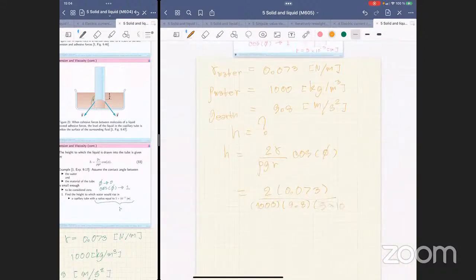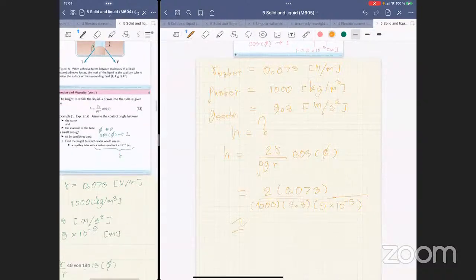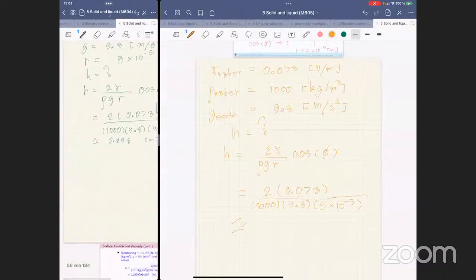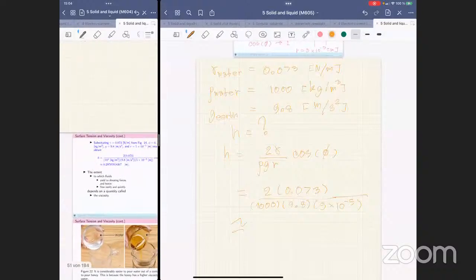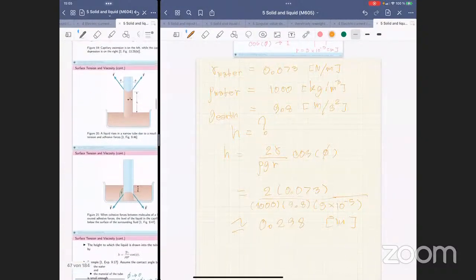Okay, and that's it. If you put it into the calculator or by using your hand, you would see that you will end up with the height of 0.298, okay, 0.298 meter. All right, and that's the unit of the height you can observe from this capillary tube in this figure.